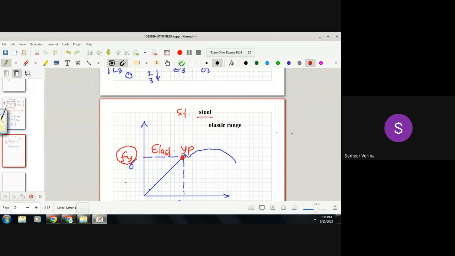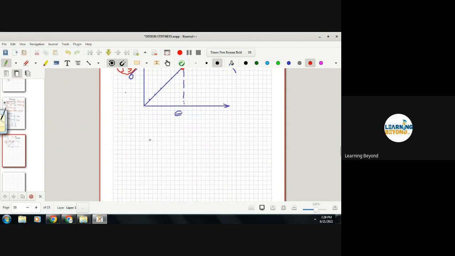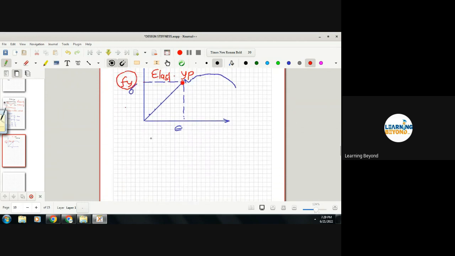Factor of safety. Whenever we design any material, we apply the factor of safety to the yield stress.